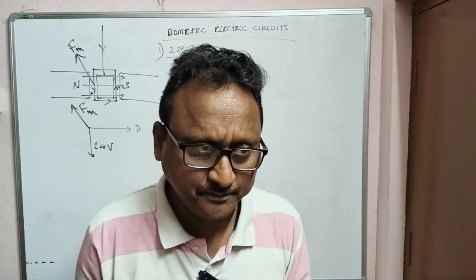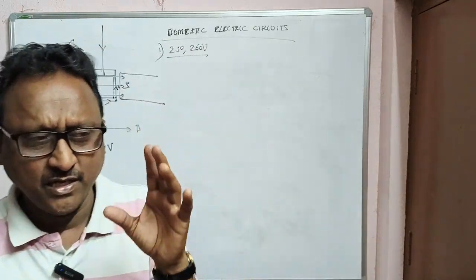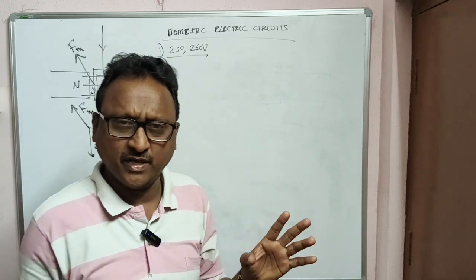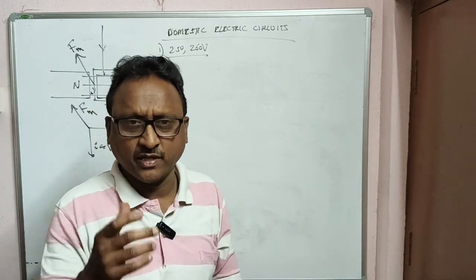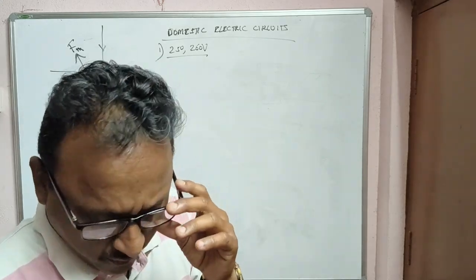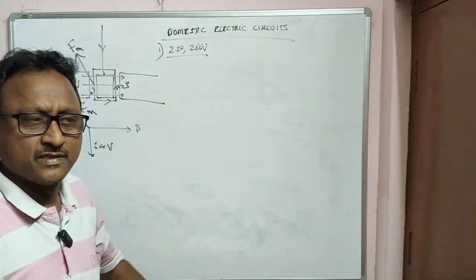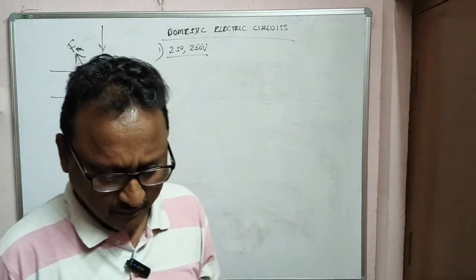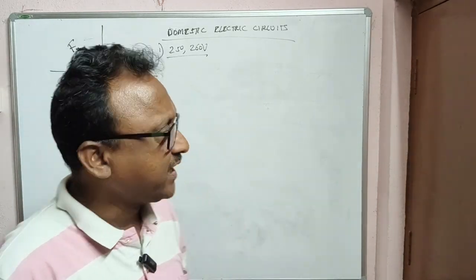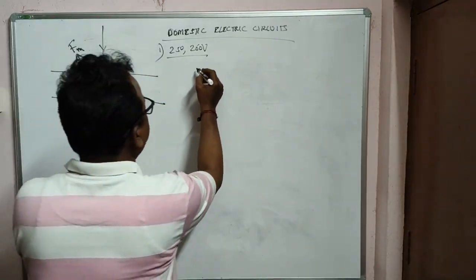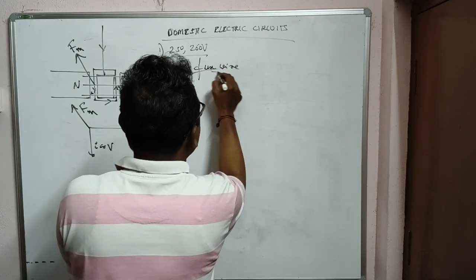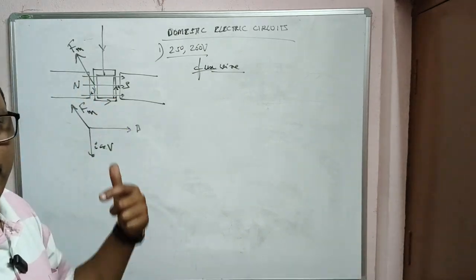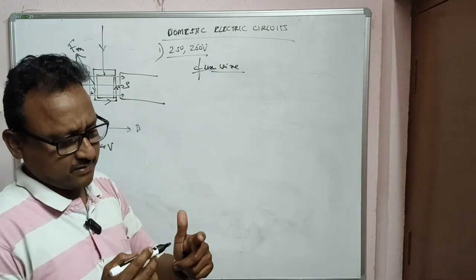Overloading should be avoided. Sometimes due to improper connections of the electrical circuits, overloading may act on the wires. What happens? Sometimes the fuse may go. So to avoid that, the technicians use fuse wire in the mains.